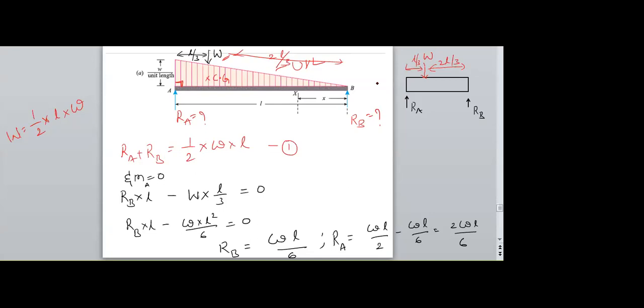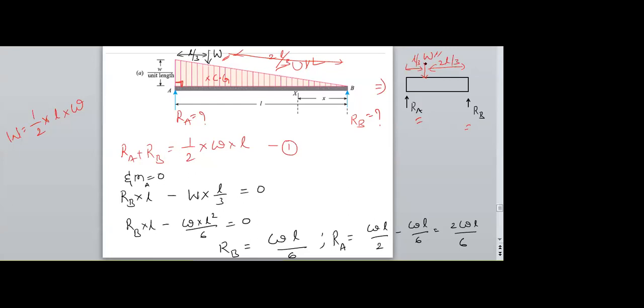Now I have converted this into 3 point loads, RA, RB, another point load capital W, and its distance. Now RA plus RB is equal to capital W, because RA is moving upward direction and RB is moving upward direction.